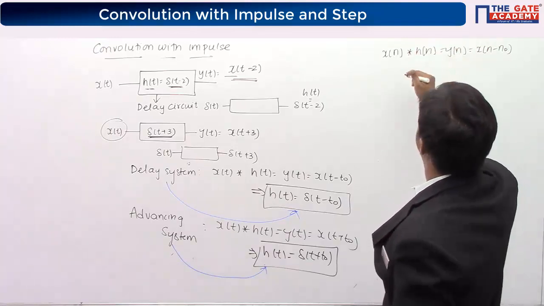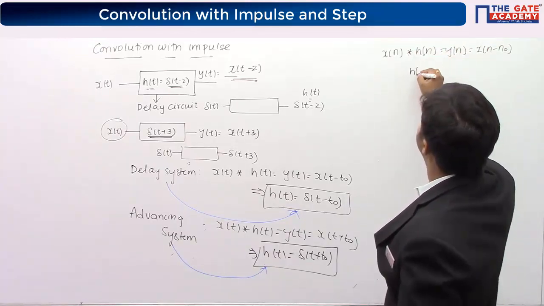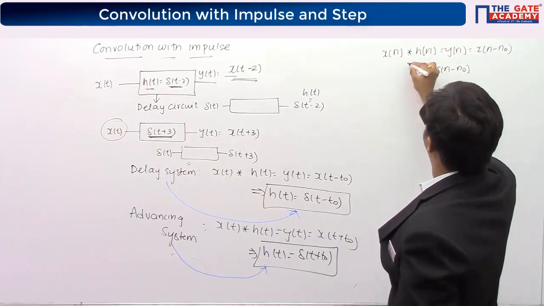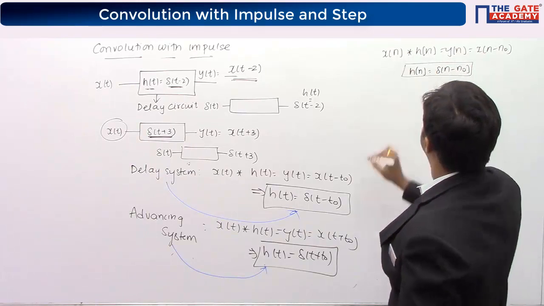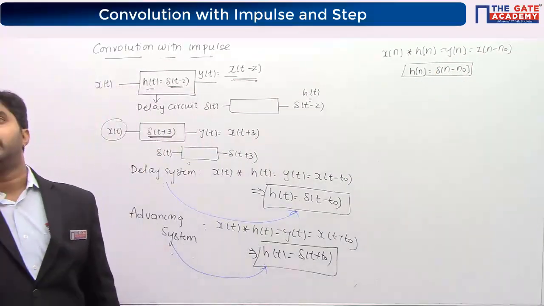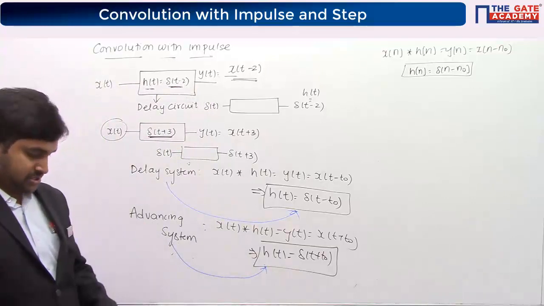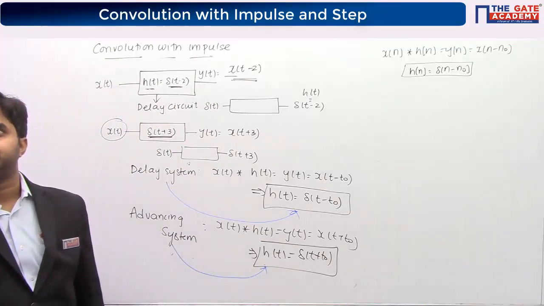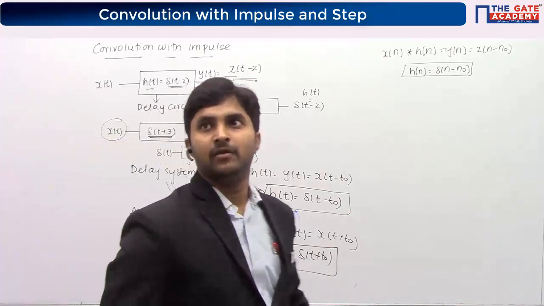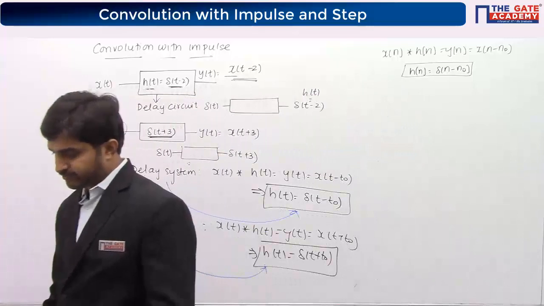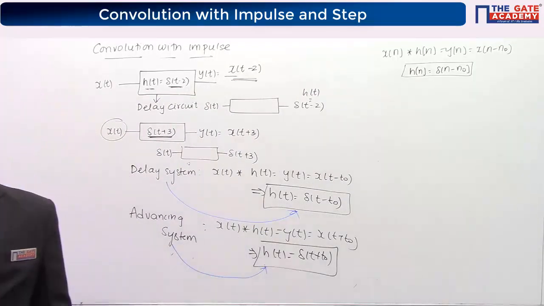Then I have to understand what the system is doing here. The system's impulse response should be del of n minus n naught. Right?